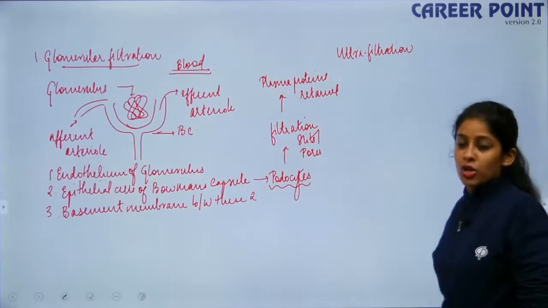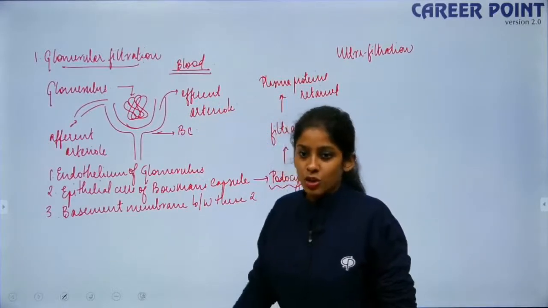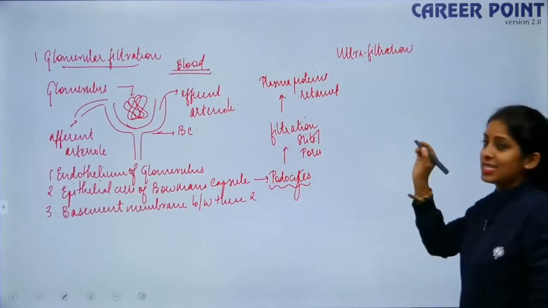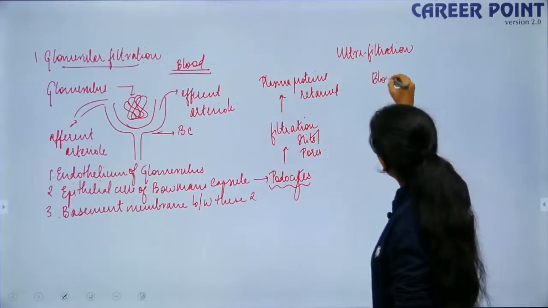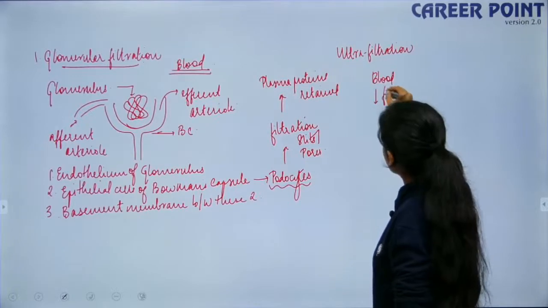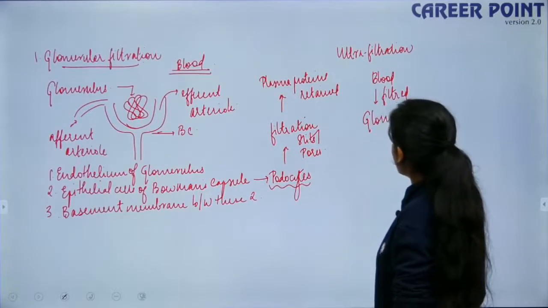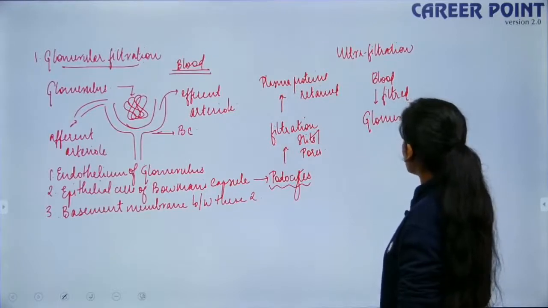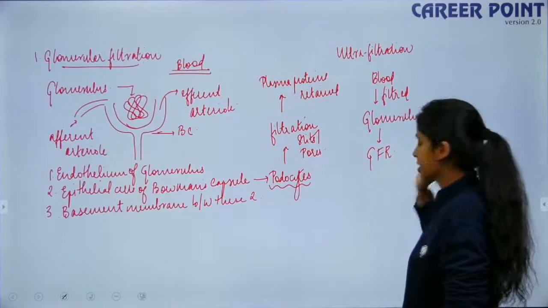Okay. So, how much blood does it filter? The amount of blood that is filtered by your glomerulus is known as your glomerular filtration rate.